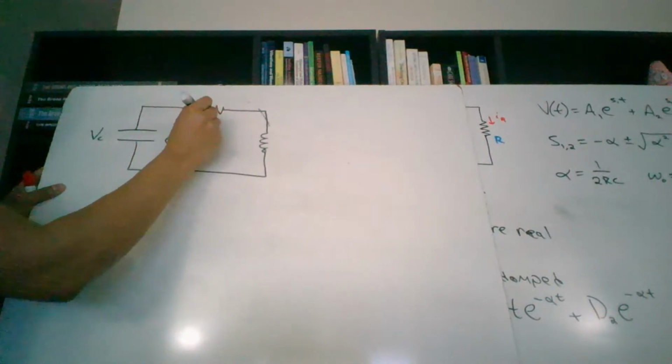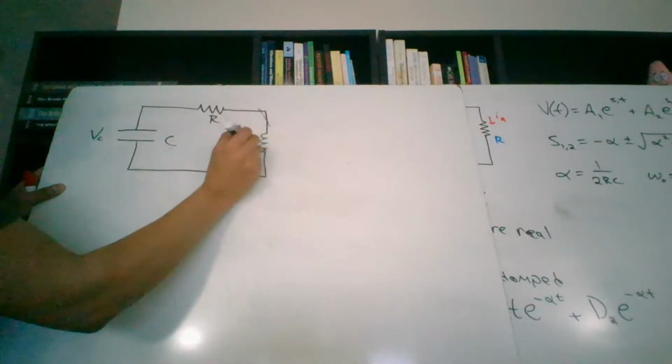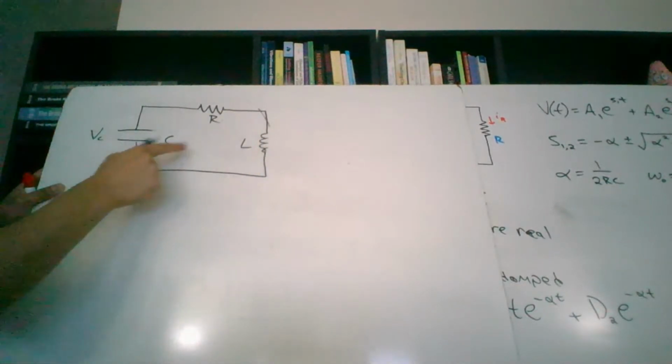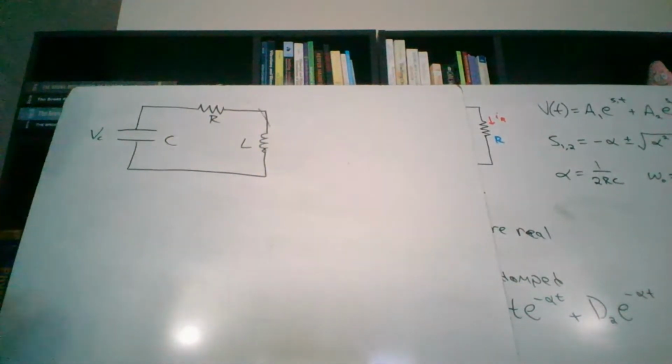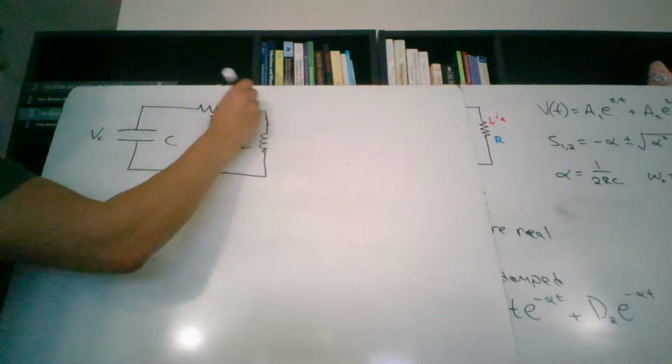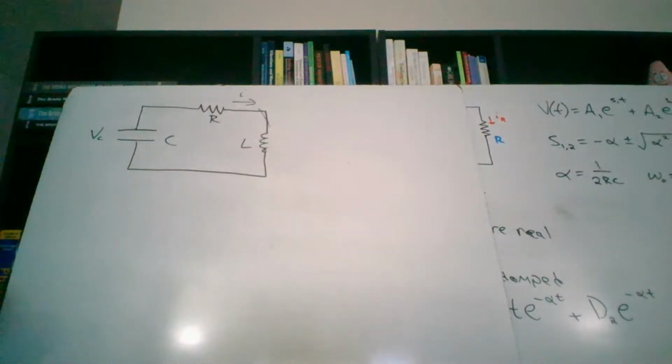We have our resistor here and our inductor here. The current going through the circuit is going in this direction, I.